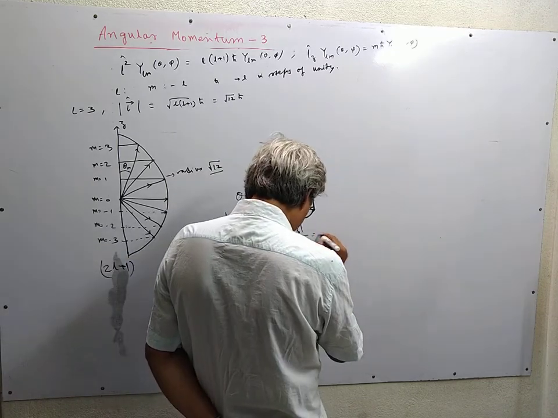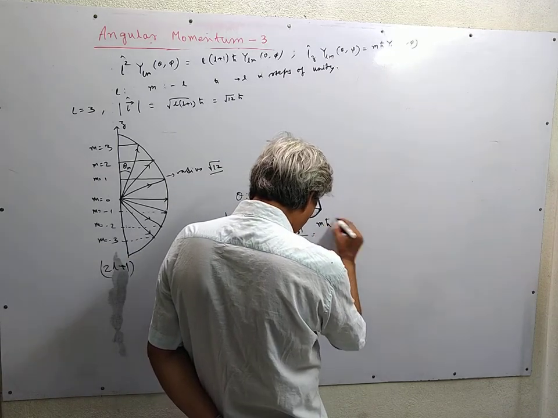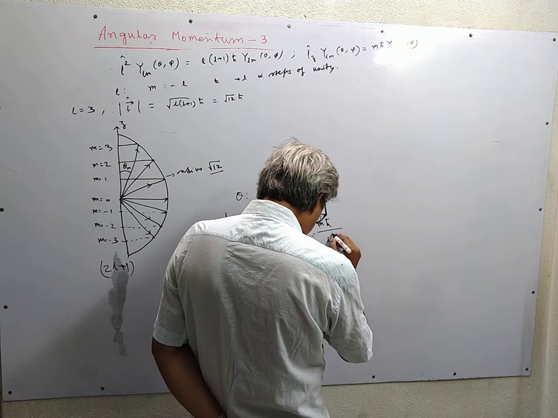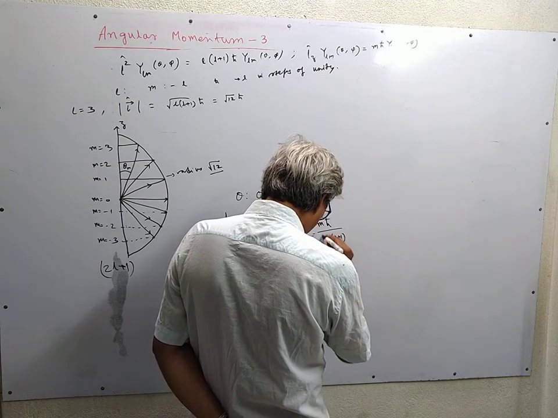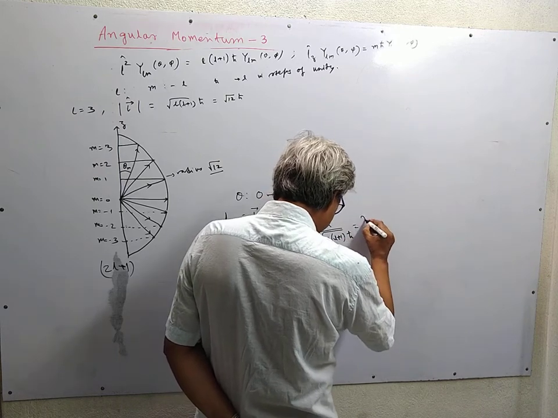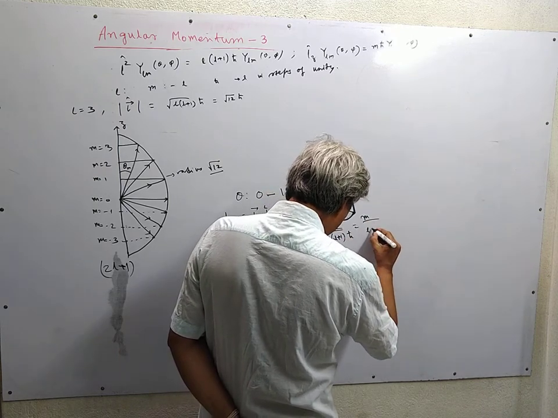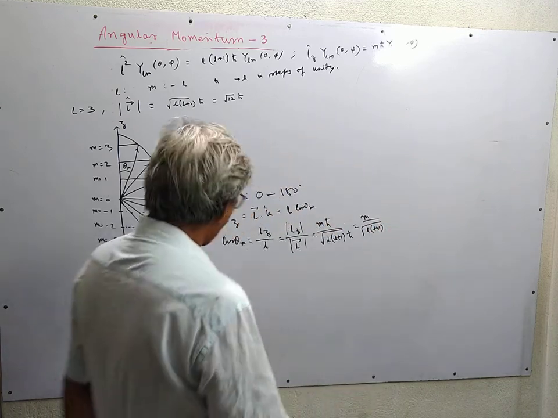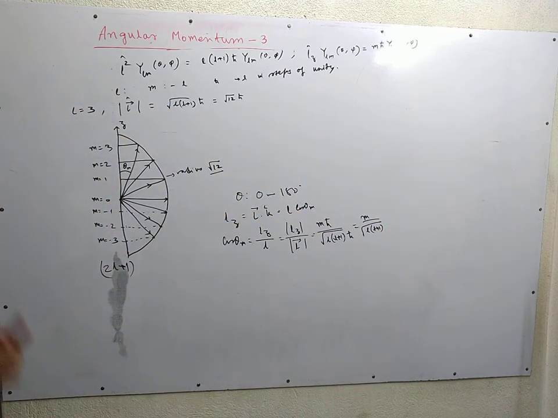As per quantum theory, it is m h cross in the numerator, and the denominator is root of l(l+1) h cross, so this is m over root of l(l+1). These are the possible orientations.